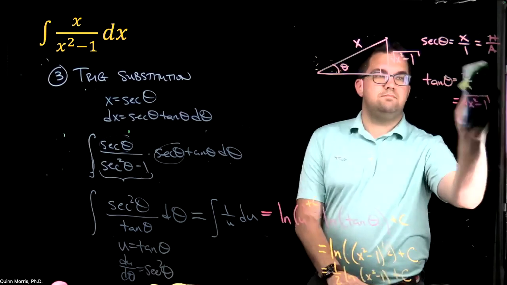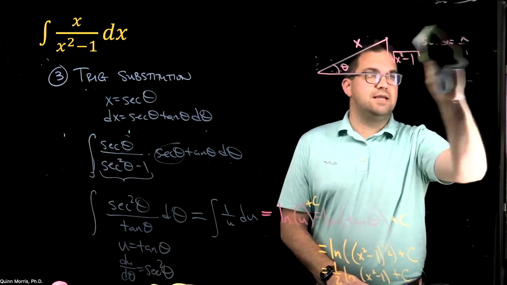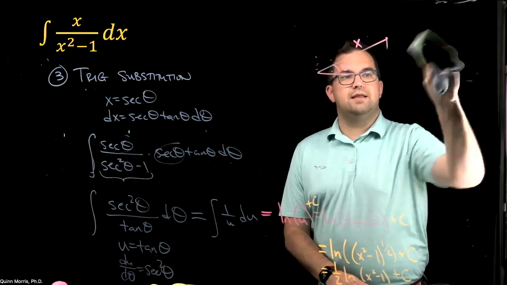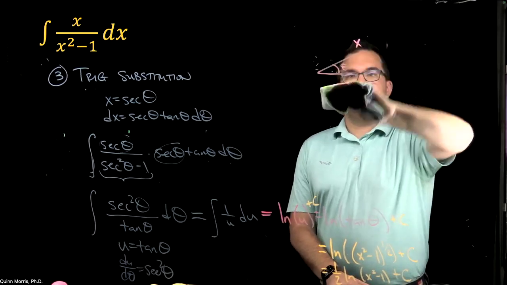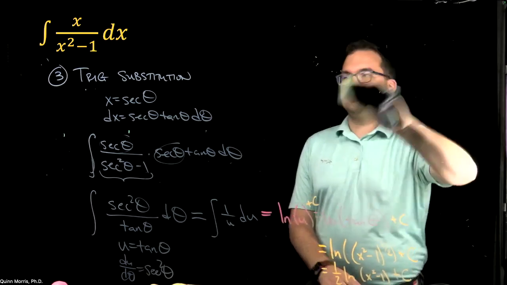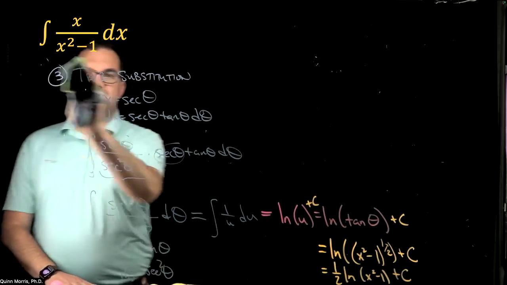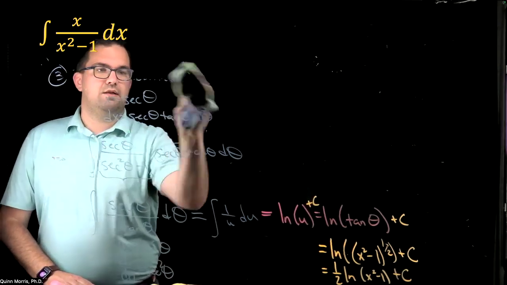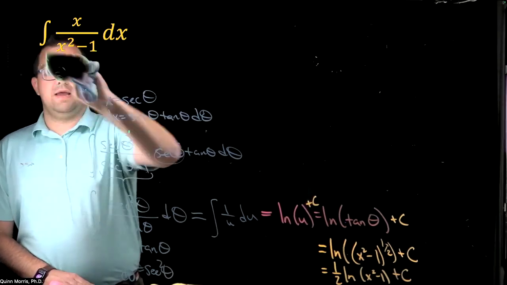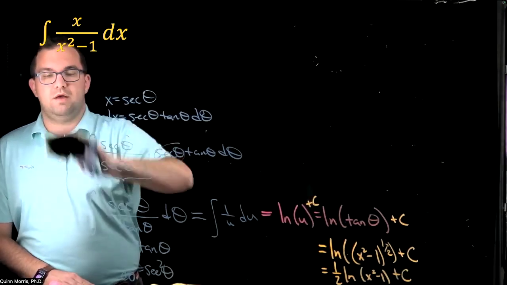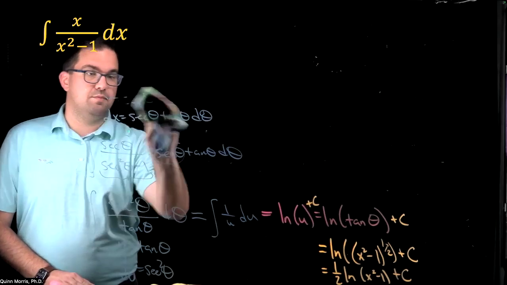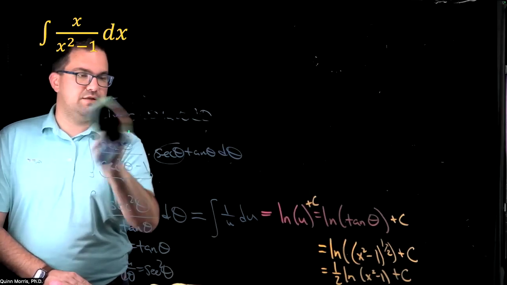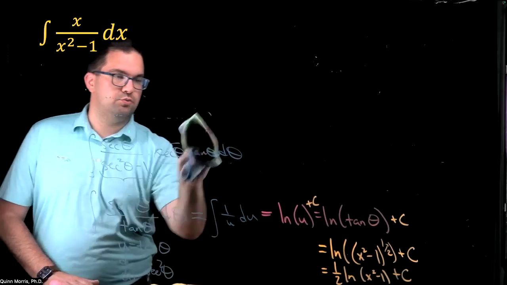So here you've seen many different methods for attacking the same problem. What this should really illustrate to you is that the question isn't always what's the right method or the best method, although certainly we do care about that. Often there are many methods that may work, and you just need to choose one that you like using the best. For me, it's U substitution when I can do it.